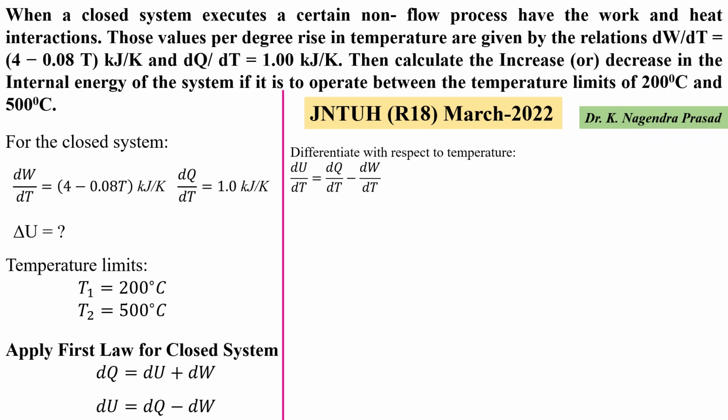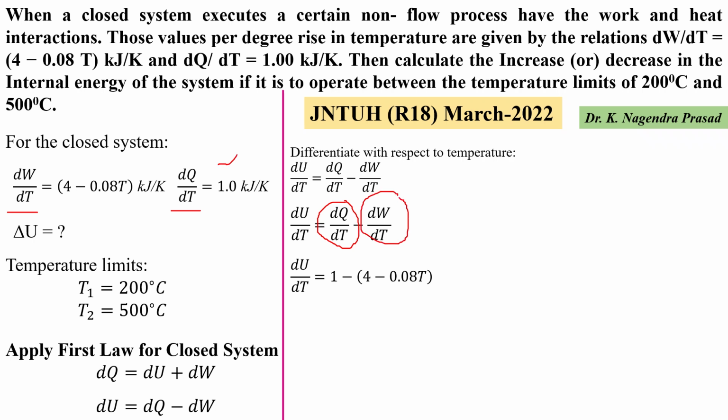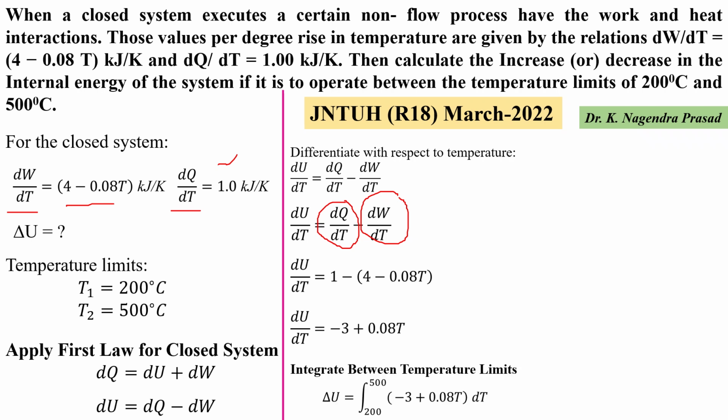In the data, dQ by dT and dW by dT are given. Substituting these values, dQ by dT is 1 and dW by dT equals 4 minus 0.08 T, so dU by dT equals minus 3 plus 0.08 T.